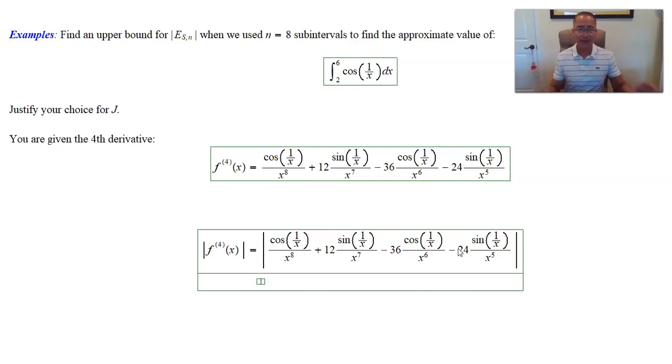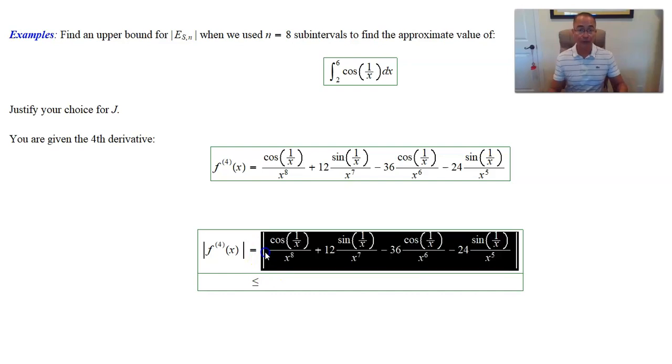The idea is simple. Turn all the negatives into positive. That's all you have to remember. But also, that equation will now turn into an inequality because of the triangle inequality. It will now turn into a less than or equal to.